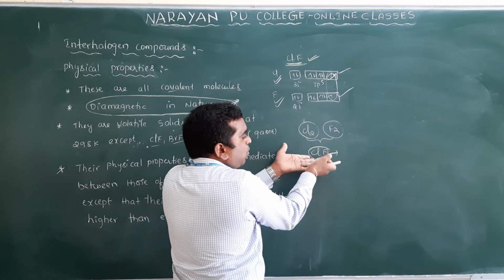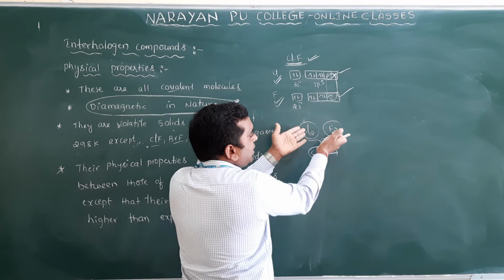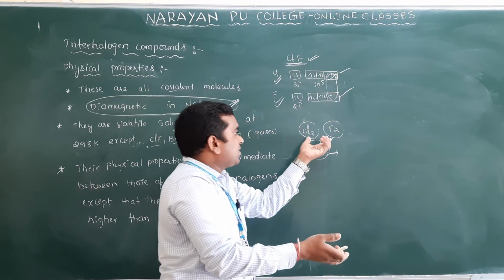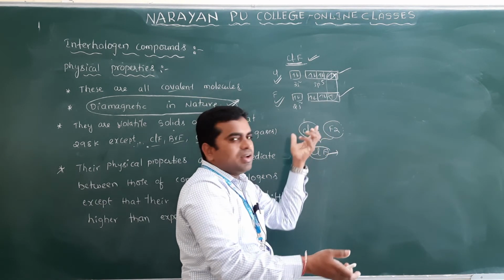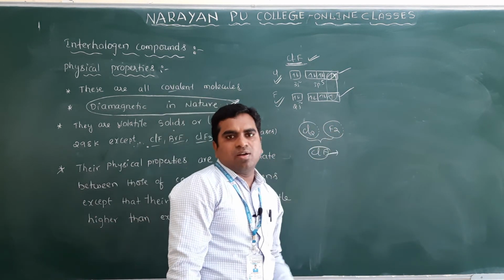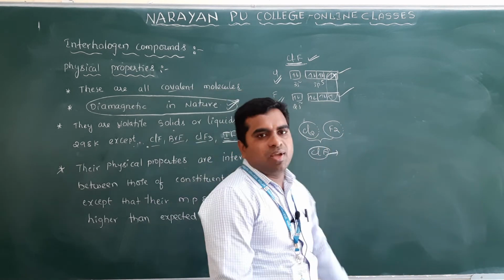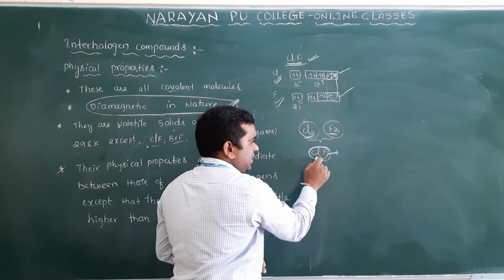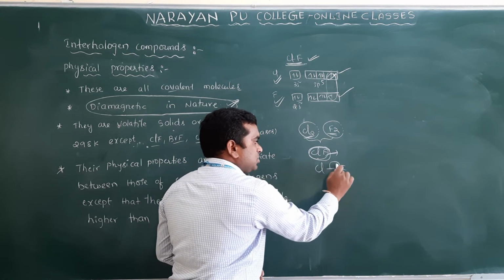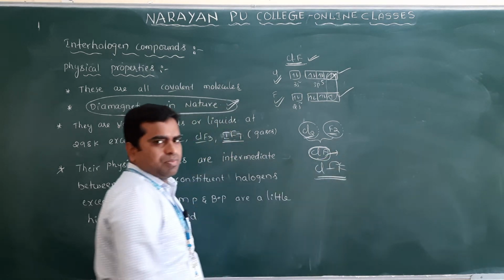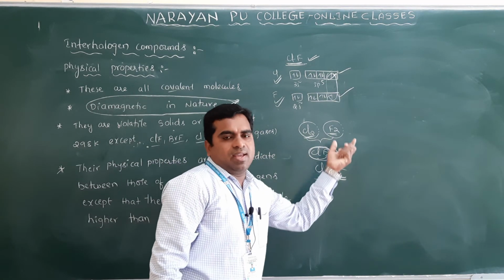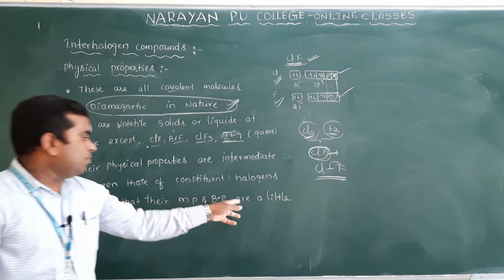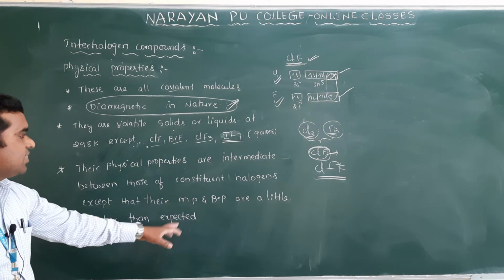Actually, properties should be in between chlorine and fluorine, but the melting points are a little higher than those of chlorine and fluorine. Why? Because the Cl-F bond is a little bit polar, while Cl2 and F2 are non-polar. So it shows high melting and boiling points, a little higher than expected.